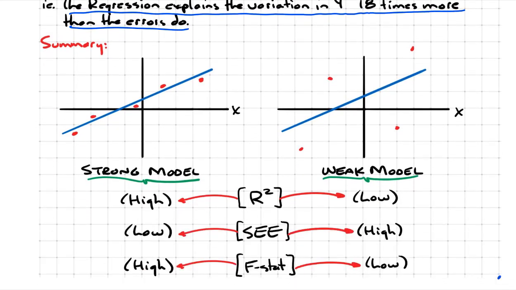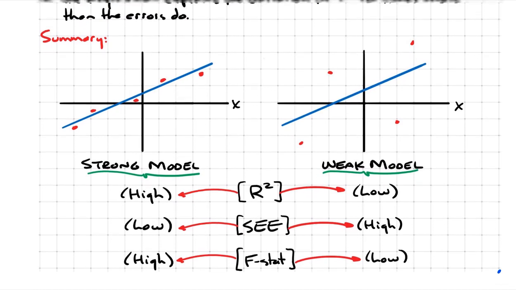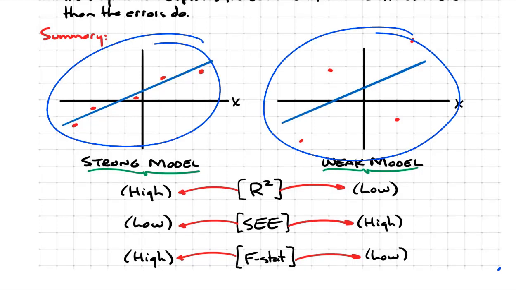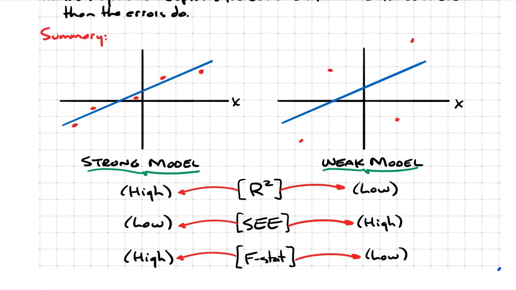Now, ladies and gentlemen, remember I told you that all these metrics tell you the same thing? So now I'm going to show you how that is. I have two models here. Here's the first model, here's the second model. Now in the first model, look how close the regression, represented by the blue line, is coming to explaining the actual observations. But now look at the second model. Look how far off the regression is.